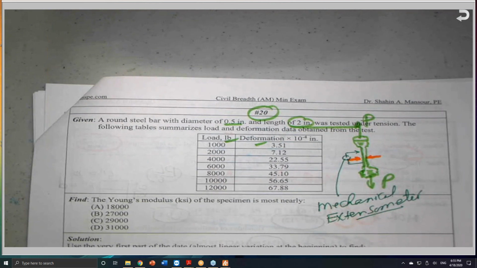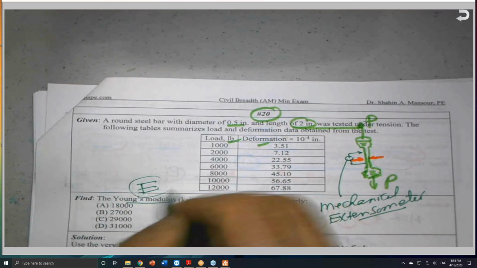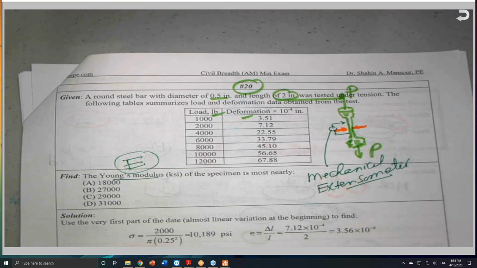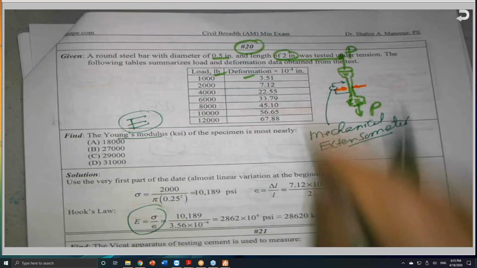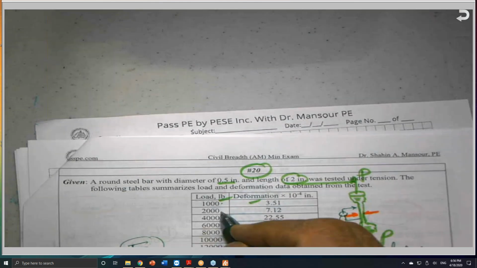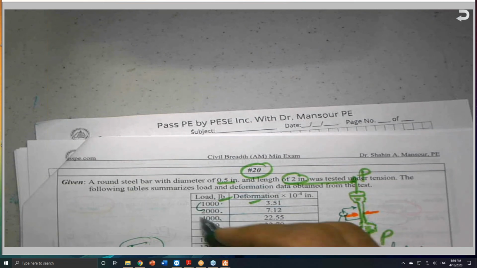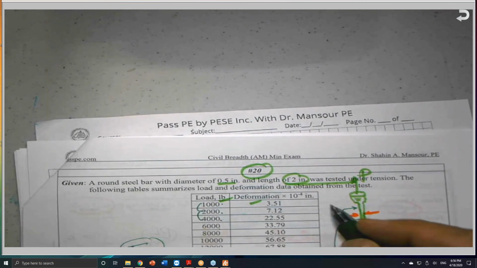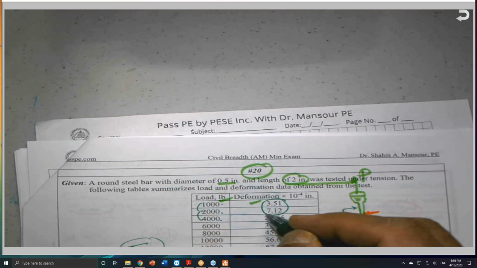And it's asking what is the Young's modulus, the modulus of elasticity E. Young's modulus or modulus of elasticity, E, is equal to sigma over epsilon. So I have data here, 1,000, 2,000, 4,000. So here double the load, but as you can see the deformation jumps from 7 to 22.